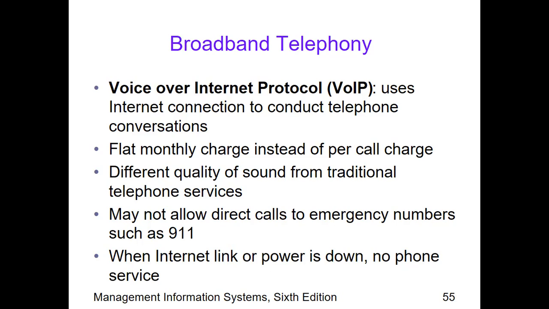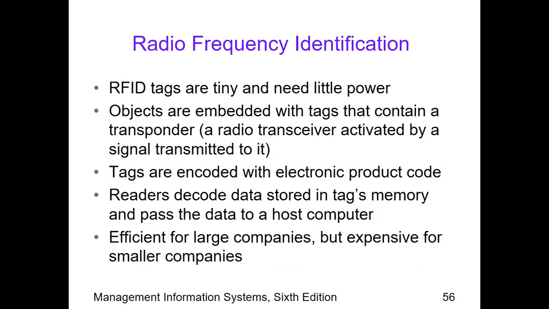Different quality of sound from traditional telephone services may not allow direct calls to emergency numbers such as 911. Yeah, because we are now using the internet to call. And when the internet link or power is down, then there is no phone service. So no internet, no Wi-Fi connection, synonymous with no phone calls.